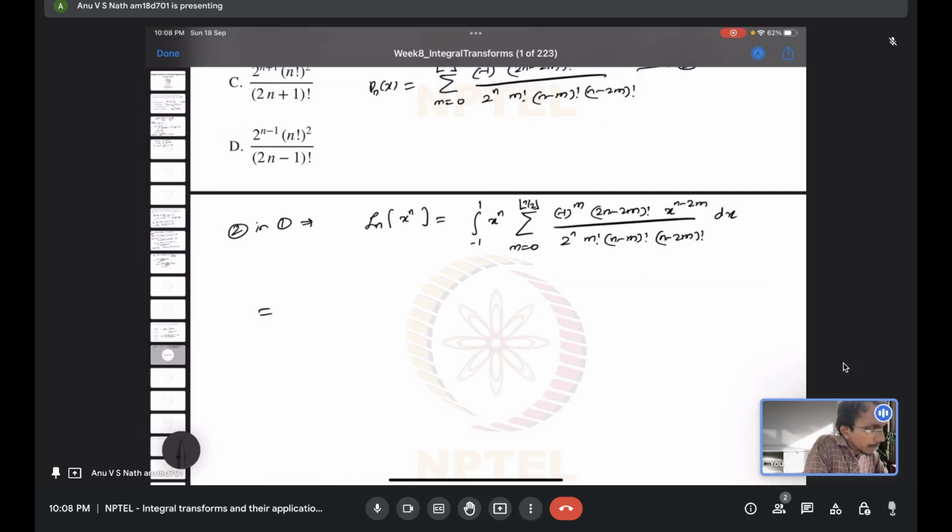So summation m equal to 0 to n by 2, the floor function of n by 2, and whatever is independent of the integration variable, which is basically x, we can take outside of the integral and keep inside the summation.